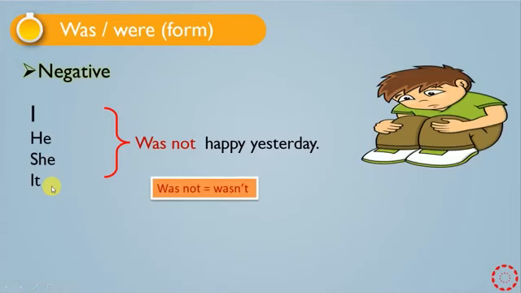We have also the contraction: instead of saying was not, we can say wasn't. It's the shorter form. Was not, wasn't. Very good. With we, you, they, we use were not. Were not is used with we, you, they.